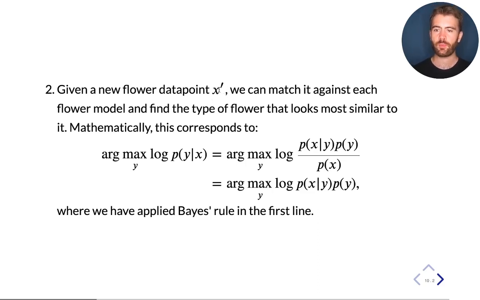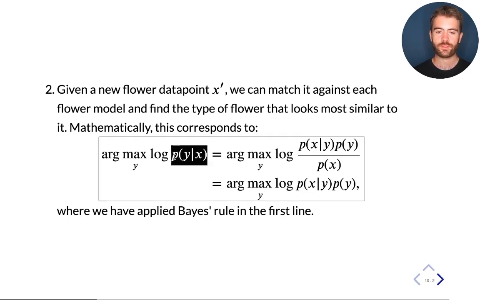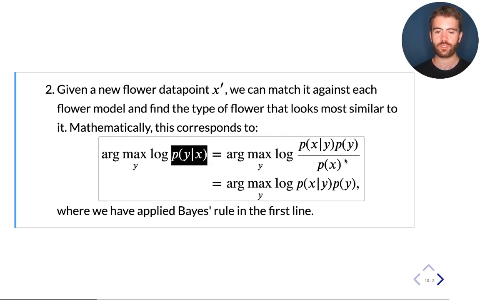So if X prime looks like our model of iris setosa flowers, then we're going to say that the label is iris setosa. And mathematically, what this means is that we do the following operation. We are interested in knowing the most likely class under our model, and now we invert this expression using Bayes' rule.